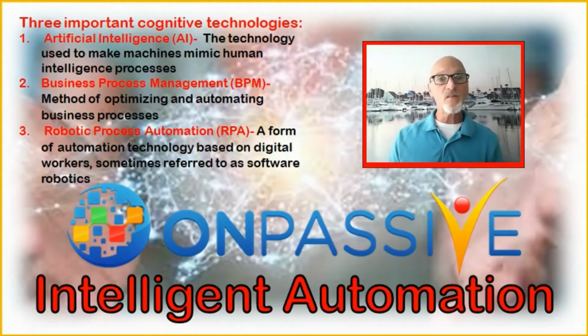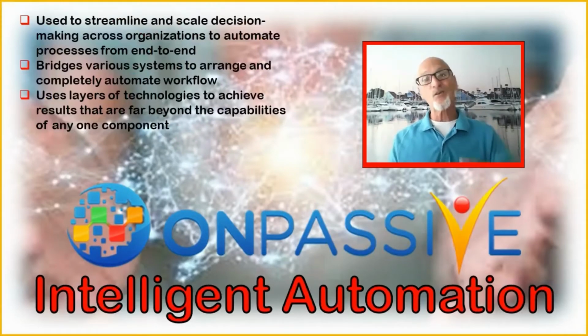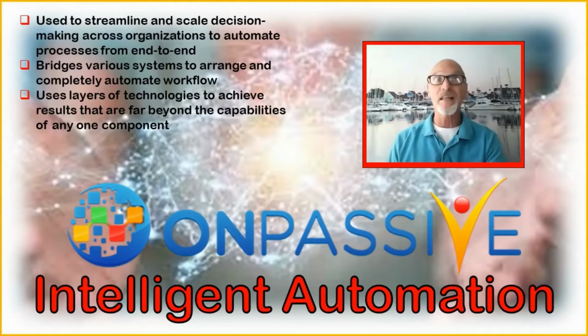So using these technologies, intelligent automation scales and streamlines decision making right across the organization, whatever your organization is. They can automate a wide variety of processes from end to end and allow easy integration with other systems across your organization.